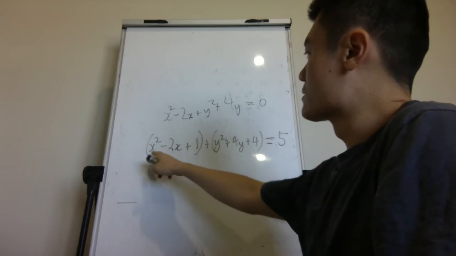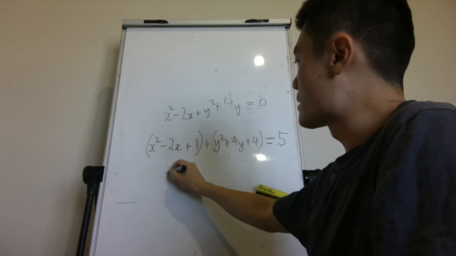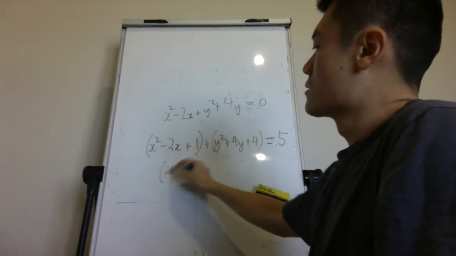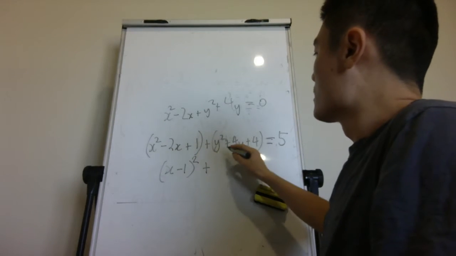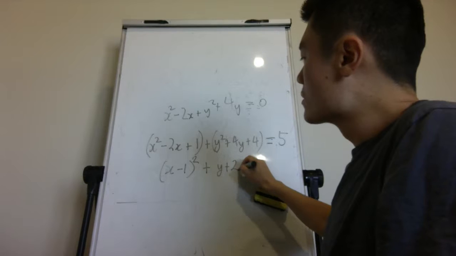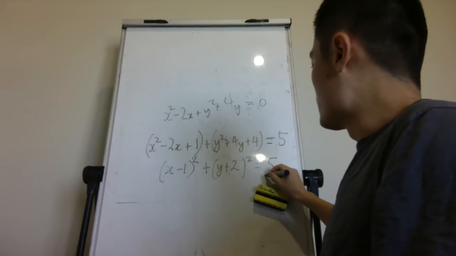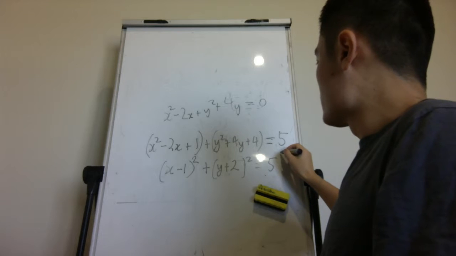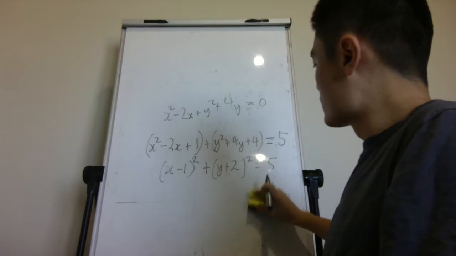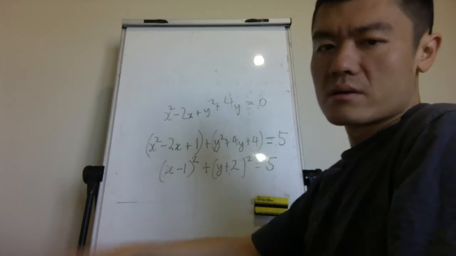Okay, so the fact that this is a perfect square means it's x minus 1 all squared. This is y plus 2 all squared. And this is the square root of 5 all squared.